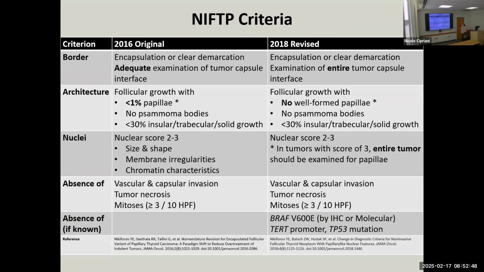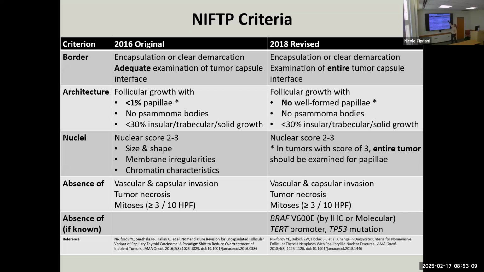Basically, if you care about the original NIFTP papers, the 2016 and the 2018 revision, you have to make sure that there's no invasion, just like a follicular adenoma. You have to make sure that there is either zero or a low percentage of papillae, which is still controversial.